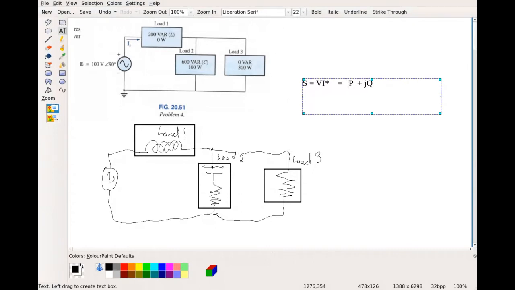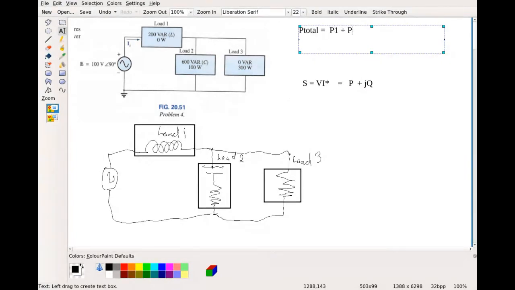Remember, P is always at an angle of 0, and Q is always at an angle of plus or minus j, depending on whether it's a capacitor or an inductor. Also remember what I talked about near the beginning of class: the total power P total is equal to each one of these powers added up, and the same thing with apparent power.